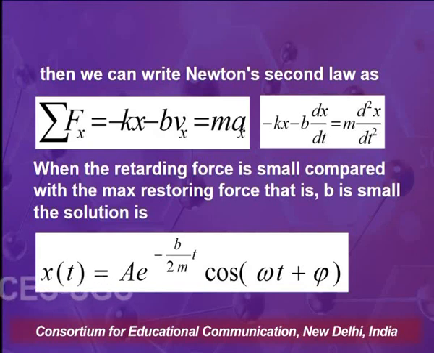When the retarding force is small compared with the restoring force, suppose b is small, the solution is x(t) equal to A e raised to power minus b upon 2m t cos(omega t plus phi). This is the solution of that equation.